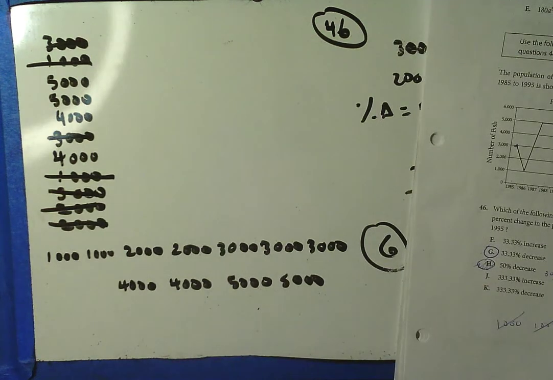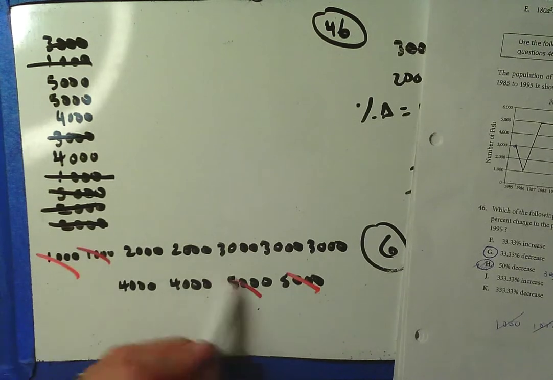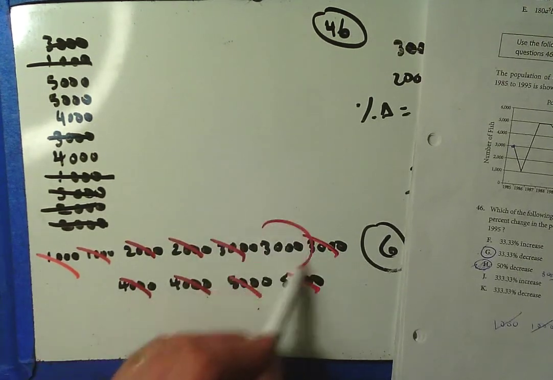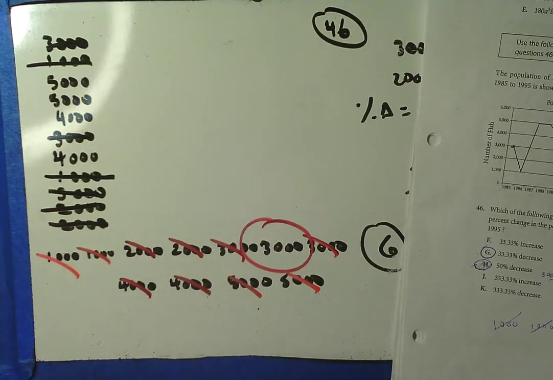Okay, so let's count from the ends to the middle. That takes that, that takes that, that takes that, that takes that, that takes that, and there's our median, 3,000.